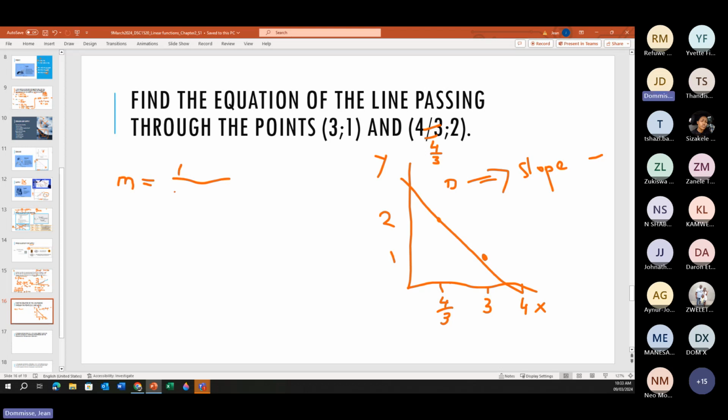So y at the top, x at the bottom: minus 2, and at the bottom, minus 4/3. So at the top, we have minus 1. At the bottom, okay, now I need to do this: 3 minus 4/3.